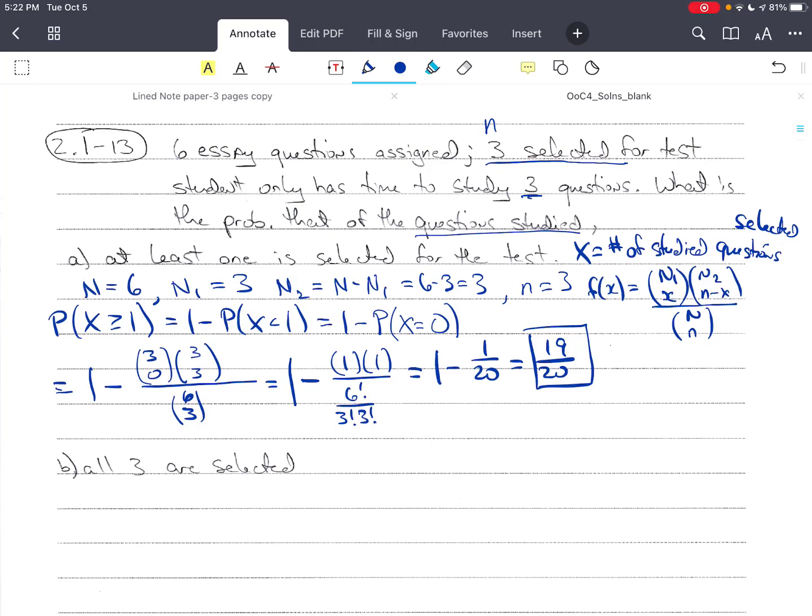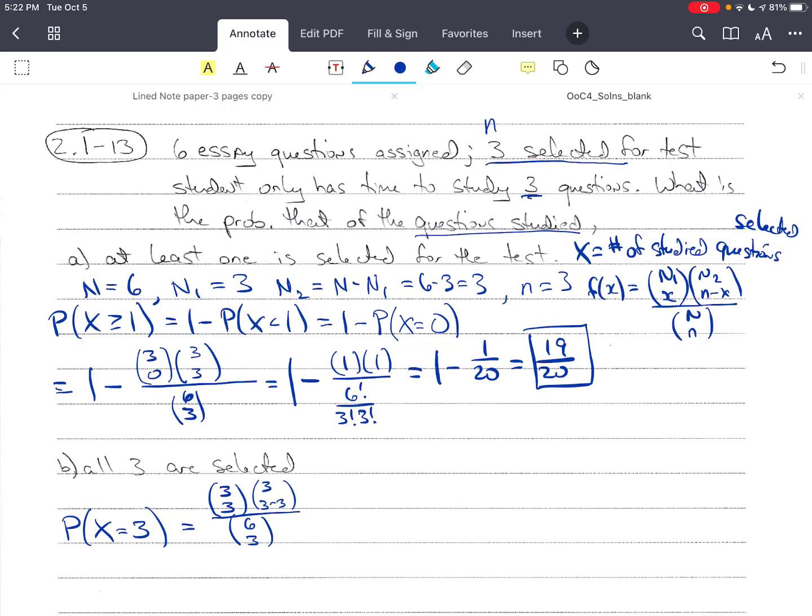Well, what's the probability that all 3 are selected? This is going to be the probability that X is equal to 3. And so we have N1, which is 3, and now x is 3. And now N2 is still 3, and this is going to be n minus x, so that's going to be 3 minus 3. And then we're going to have 6 choose 3.